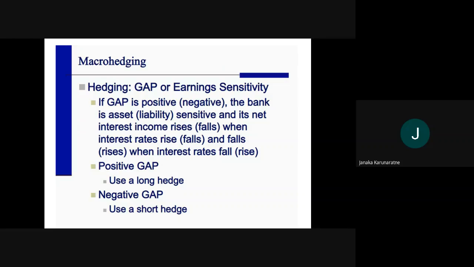So a positive gap means if interest rates rise, net interest income rises; if interest rates fall, net interest income falls. So if there is a positive gap, we can use a long hedge. If your balance sheet position under the gap sensitivity is positive, you can use a long hedge; you can buy futures.